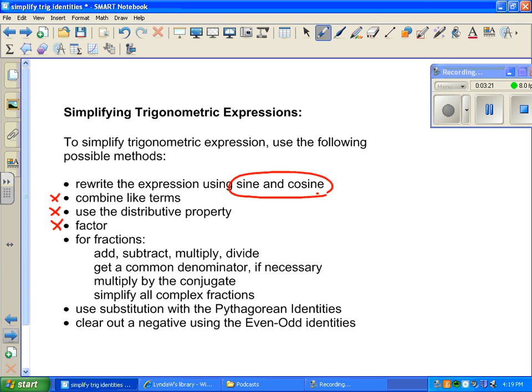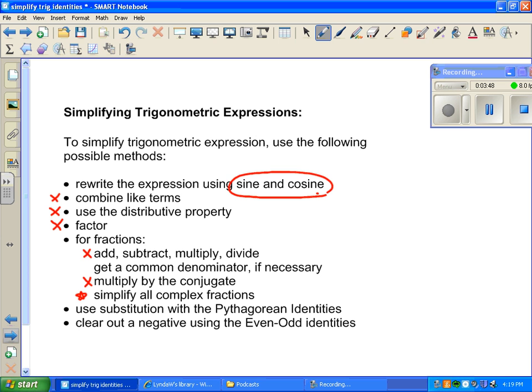Factor, that's another example where you have like a square or something and you try to split it up. If you have fractions, you want to try adding, subtracting, multiplying, dividing, getting a common denominator. Multiplying by the conjugate would be where you've got two terms on the bottom and you multiply by the same expression but the opposite sign. And you always want to remember to simplify complex fractions.